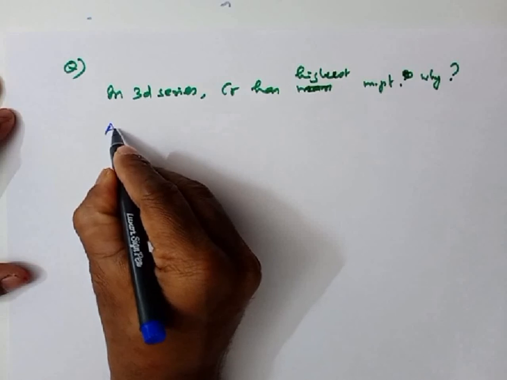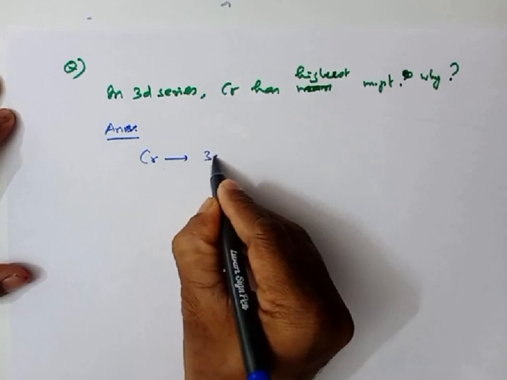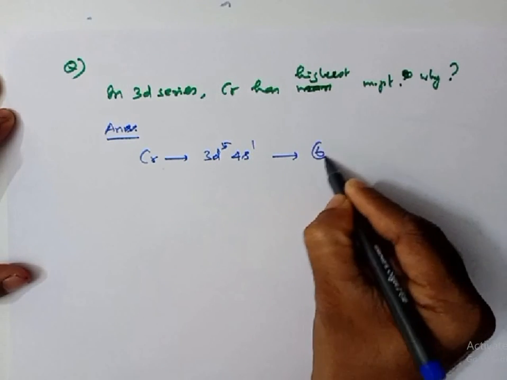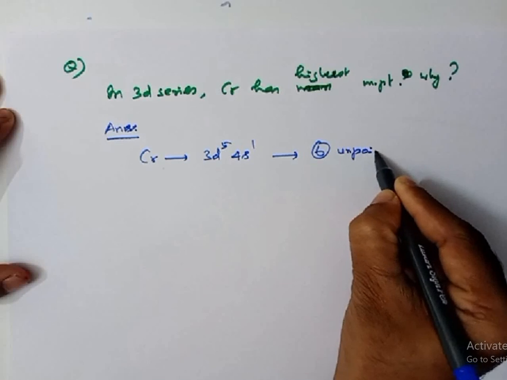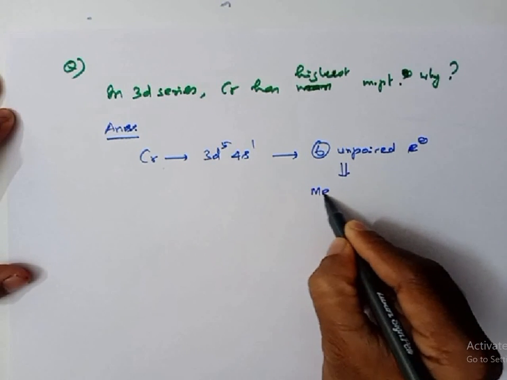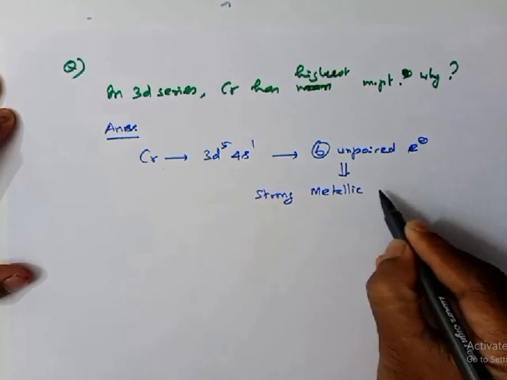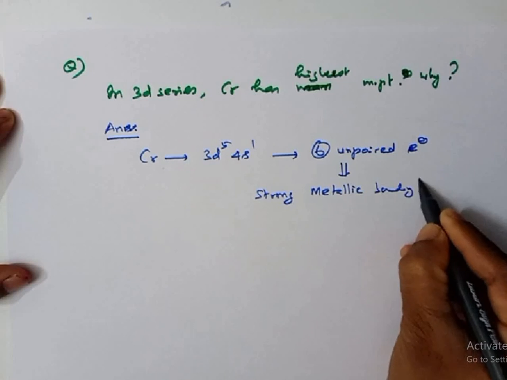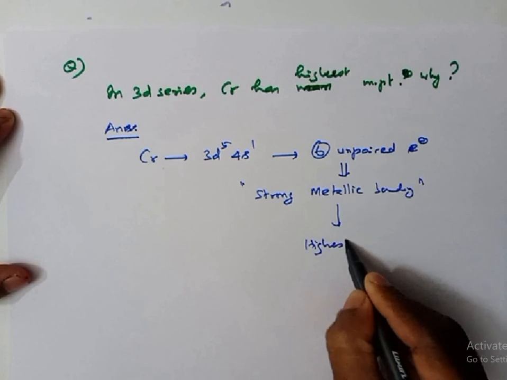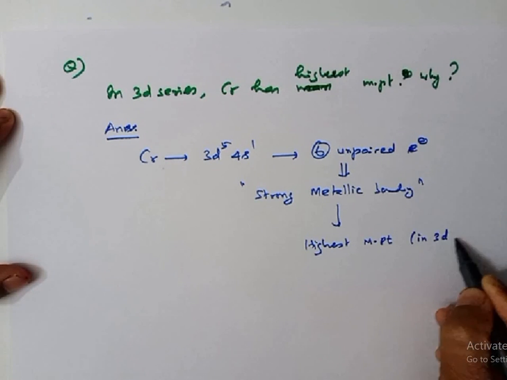Chromium's electronic configuration is 3d5 4s1. It has 6 unpaired electrons. Therefore, metallic bonding is very strong, so it has the highest melting point in the 3D series.